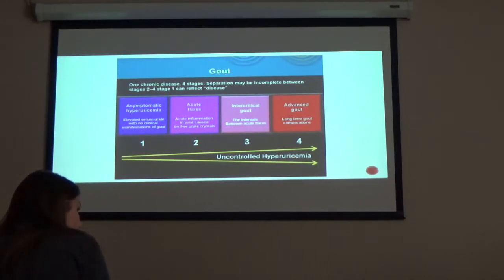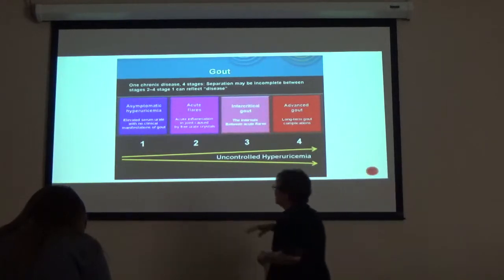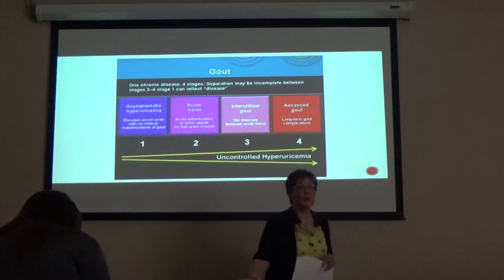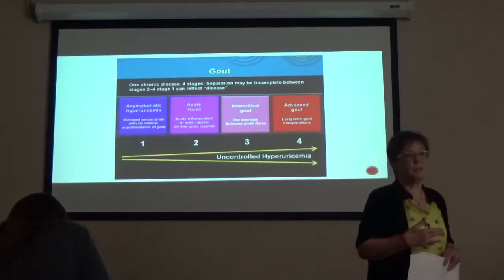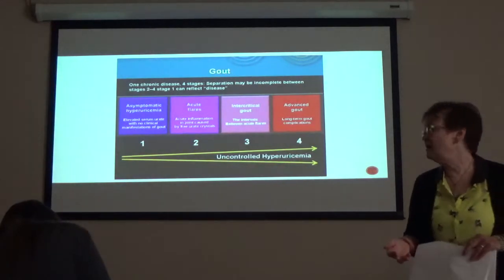If you cannot get it down in any other way, they are at great risk for experiencing gout. All right, so asymptomatic hyperuricemia will persist for years. And people may stay, especially if they're in that 7 to 8 range, they may stay there forever and never develop gout.